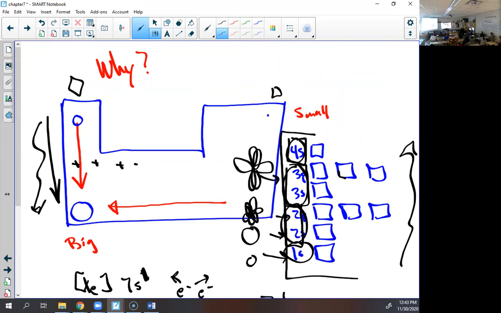Because as I move from here to here, I increase the total number of positive things. That's my effective nuclear charge. So I have the same rubber bands essentially, like I keep adding one as I move over. But as I go down, the number of rubber bands stays one the whole time.